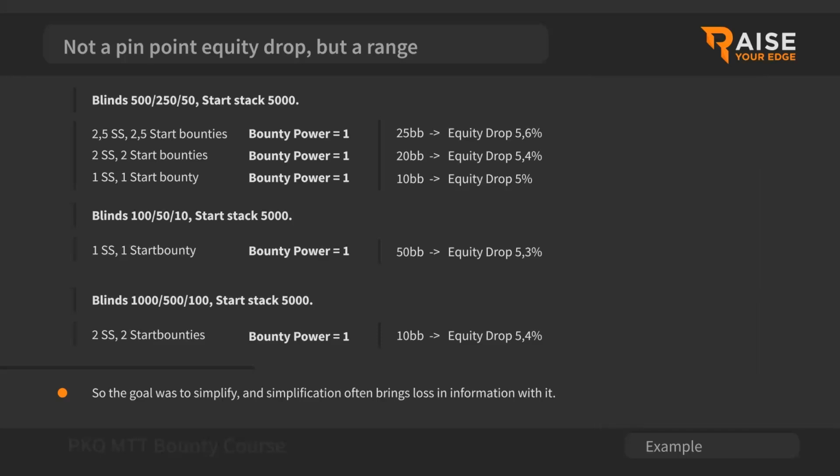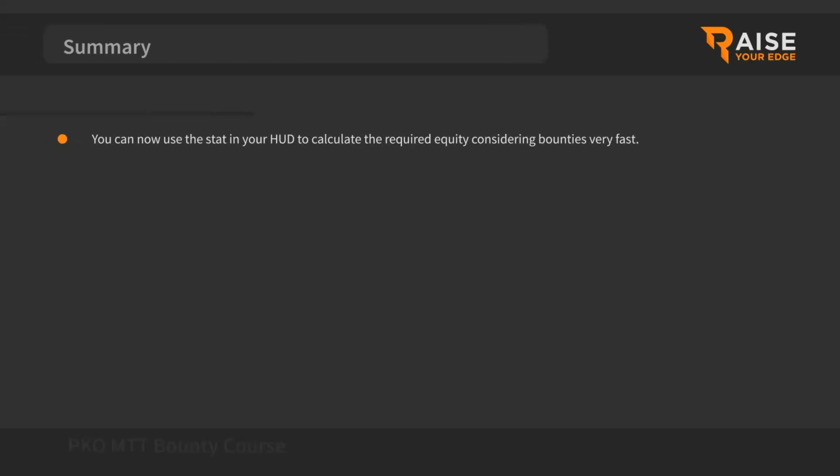So let's sum up what the bounty power stat can do for you and how you should use it. You can use the stat in your HUD to calculate the required equity when you consider the bounty influence very, very fast. And with the color coding, you will see directly which influence the bounty should have on your decision.